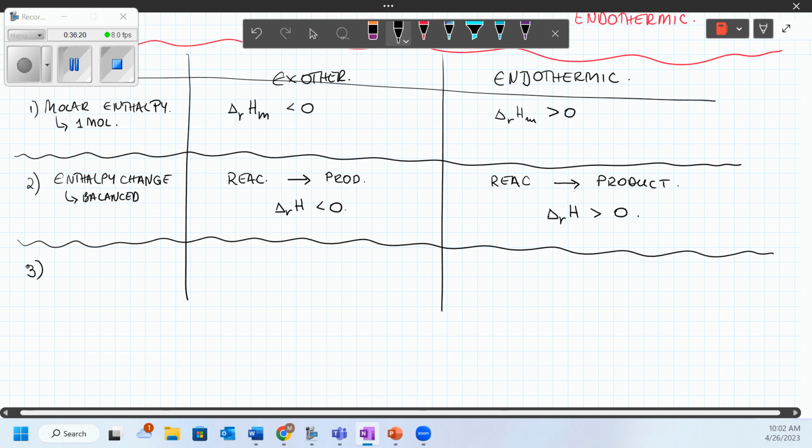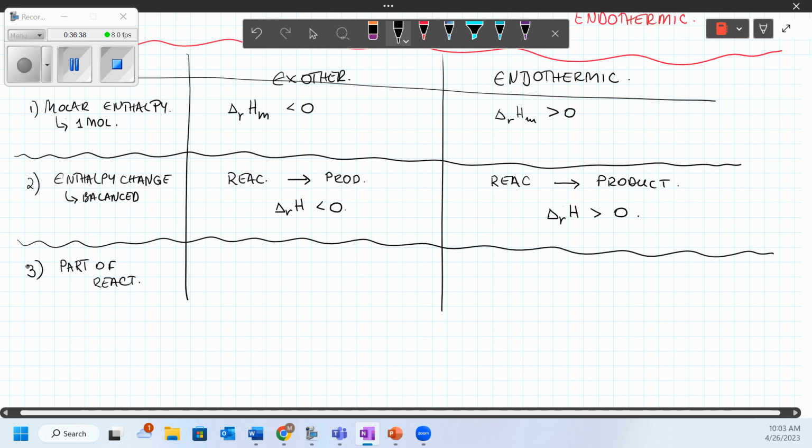The third way of expressing enthalpy is enthalpy as part of the reaction, or as a term of the reaction.